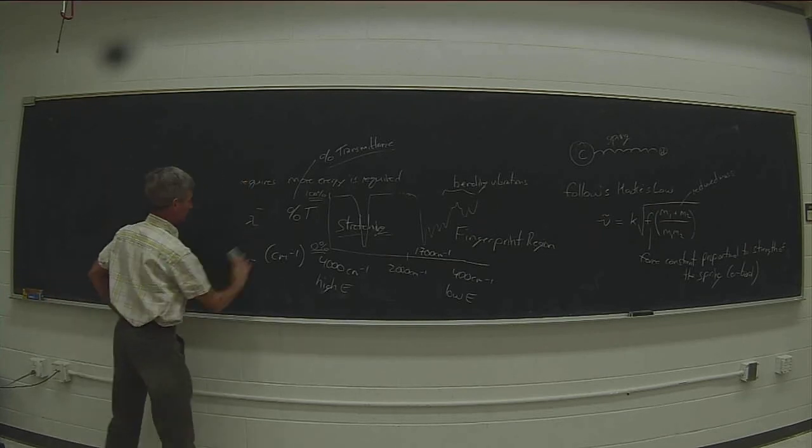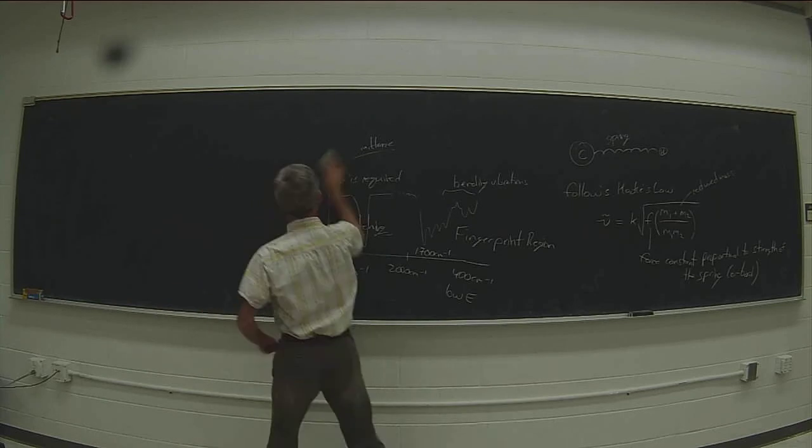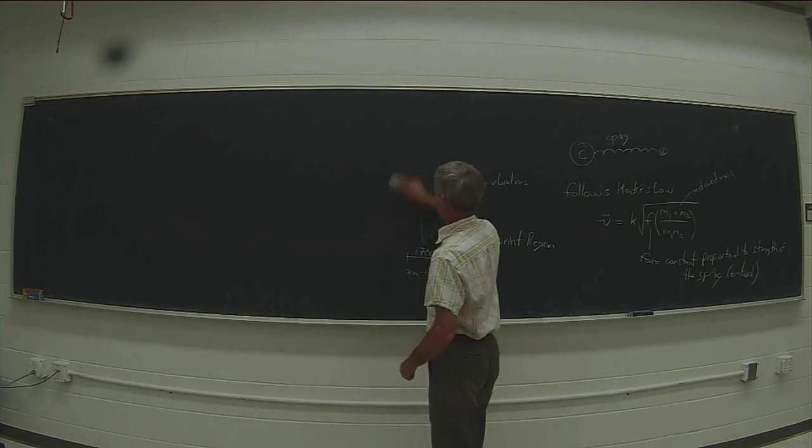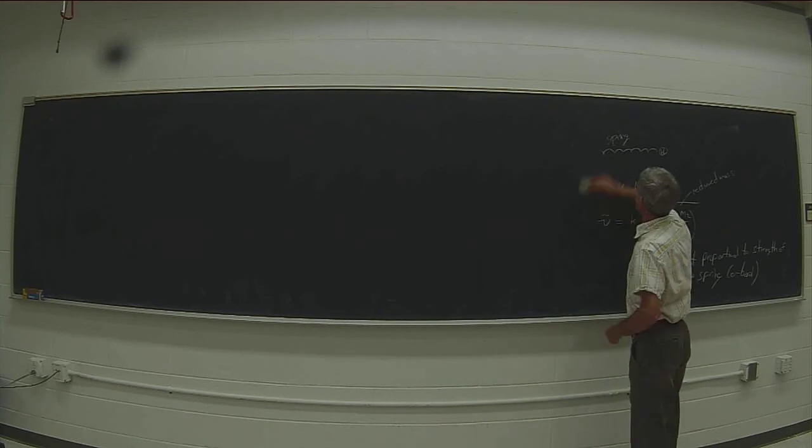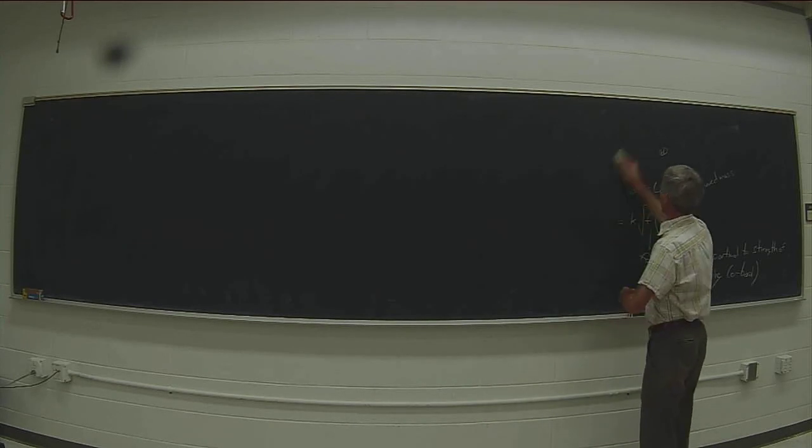For alkanes, which typically have both CH3 and CH2 groups, we can identify a bunch of different types of vibration.